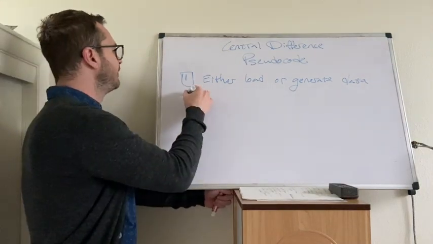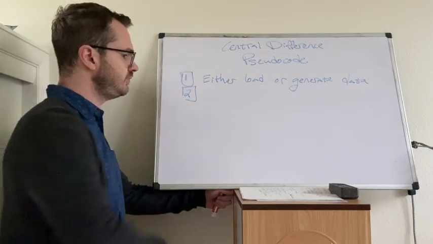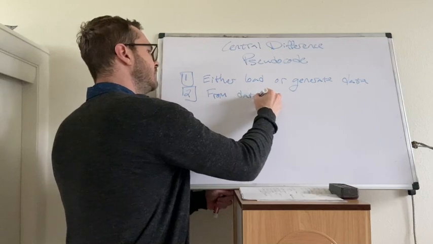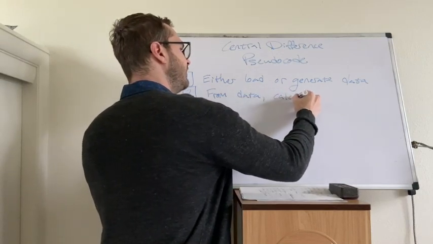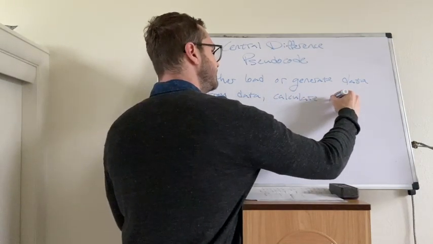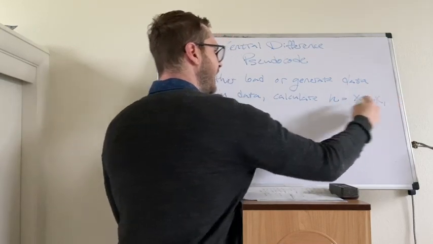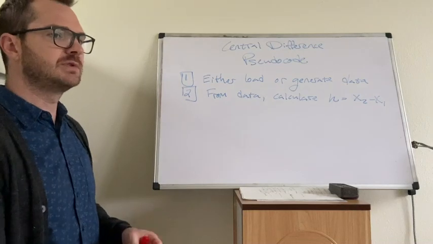Number 2, from the data, calculate h, and h is going to equal x2 minus x1. Now, there is an assumption built into this part.